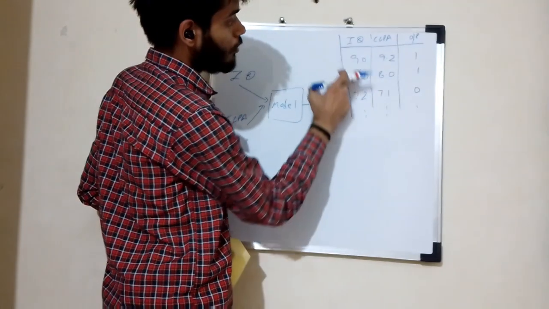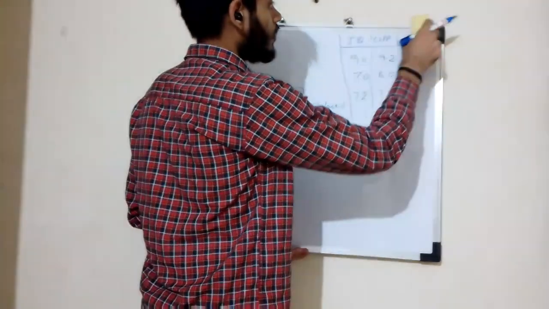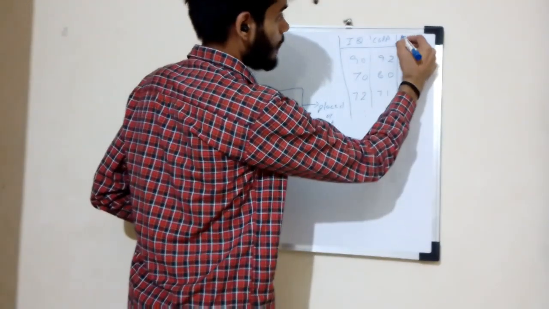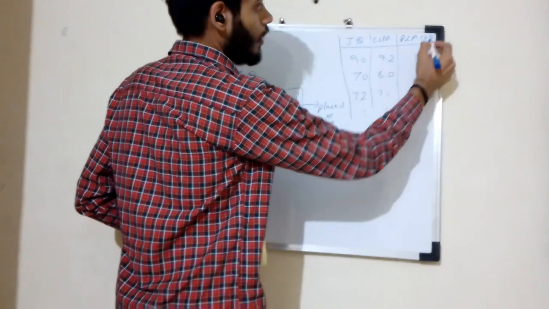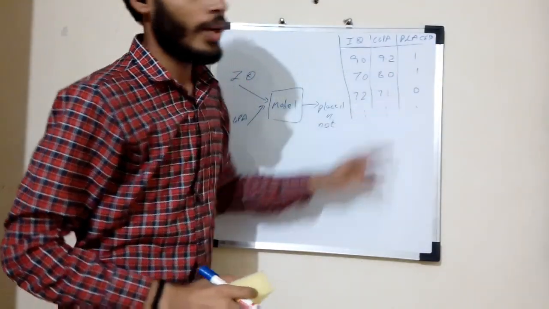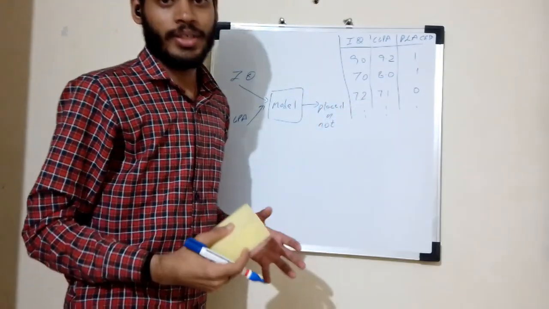So over here on the right hand side you can have a look. We have this IQ column, CGPA column, and the output column. I can name the output as placed. Over here we have values like 1 and 0. 1 means the student is placed and 0 means the student is not placed.